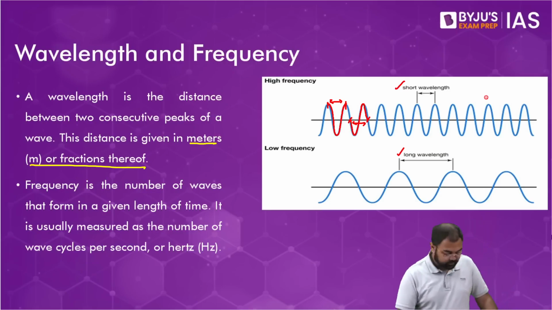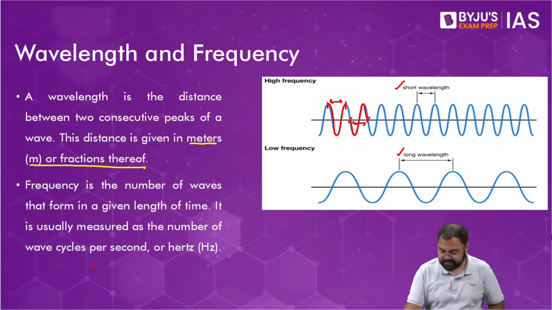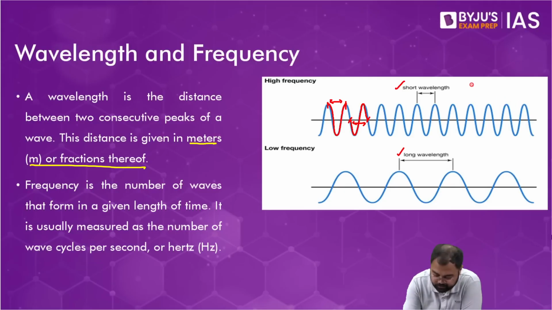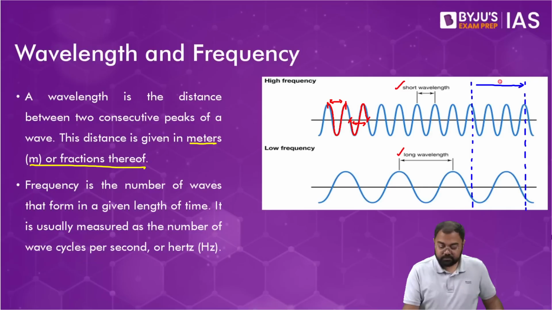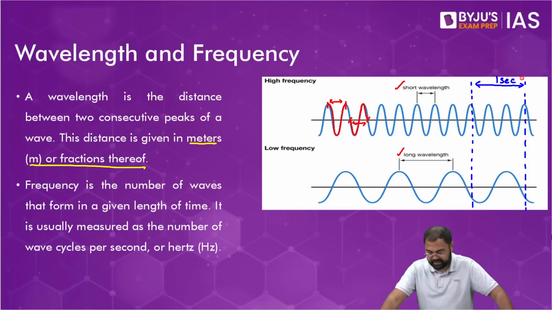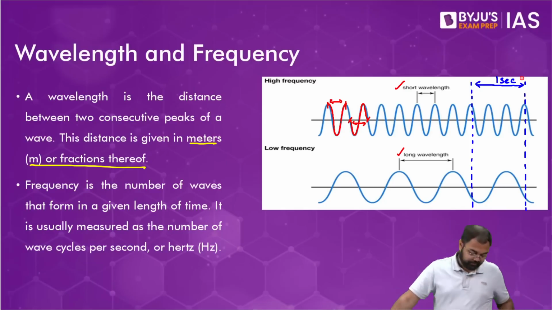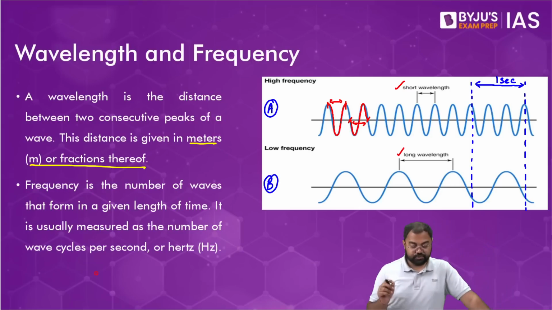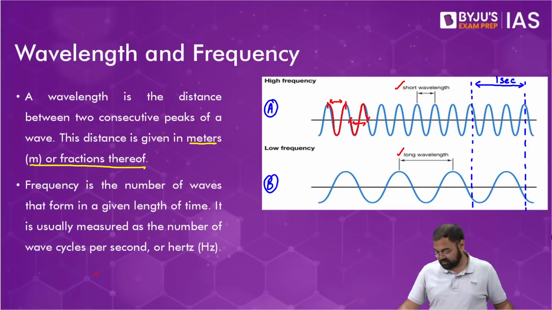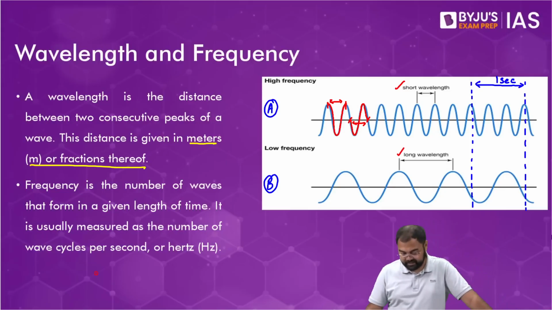Meaning that, let's say starting from here and going up to here, if we say that this is 1 second of time period, then between A and B, if I'm calling this A and this B, how many waves do you see in that 1 second in A?